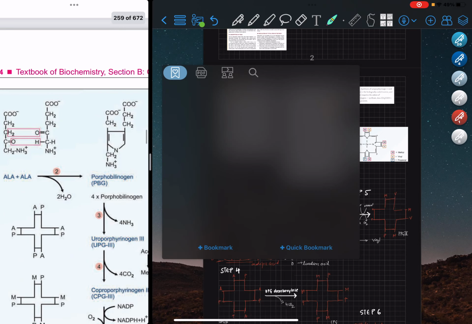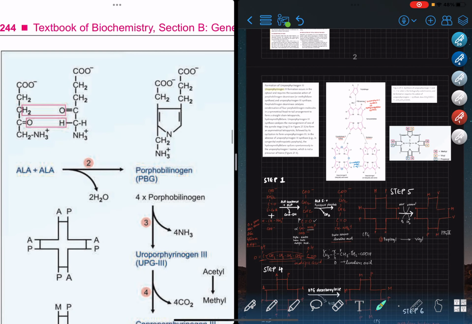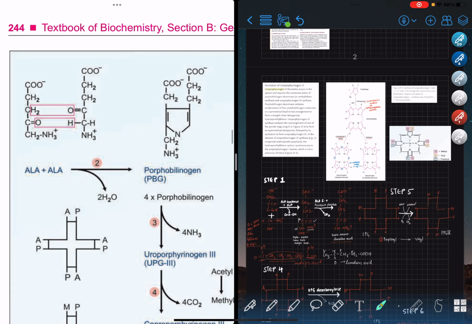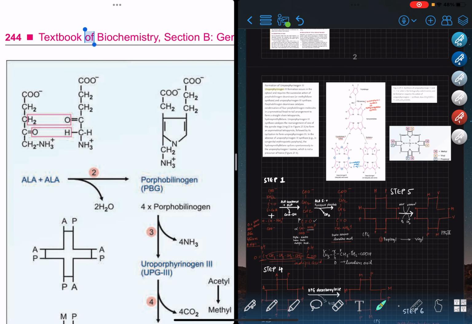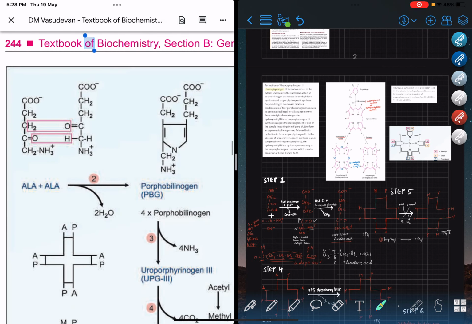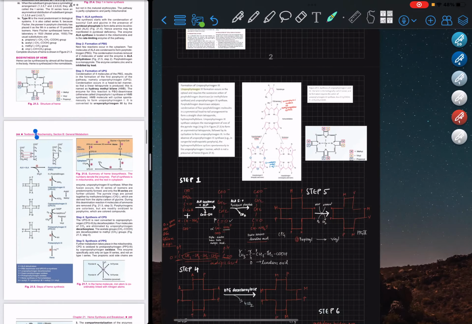I don't think it will be easy to remember, so I'm just going to tell you for the basis of the concept. This is one ALA and there's another ALA, and they're combining to give porphobilinogen, and you can see two water molecules in the pink boxes. Those are given out to form this porphobilinogen. We don't need to go into the details of that for now.